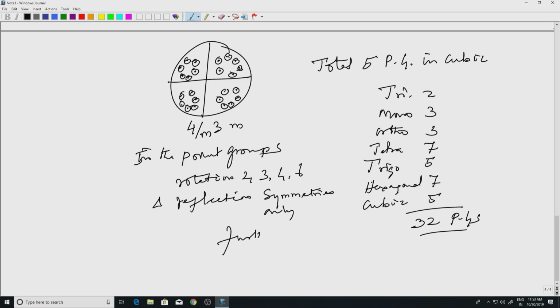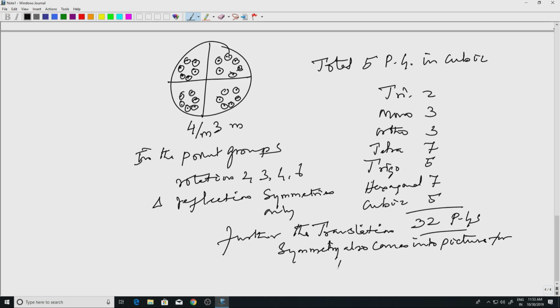Further, the translation symmetry also comes into picture for packing.